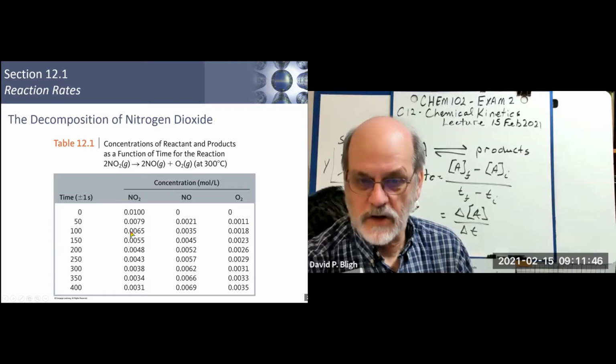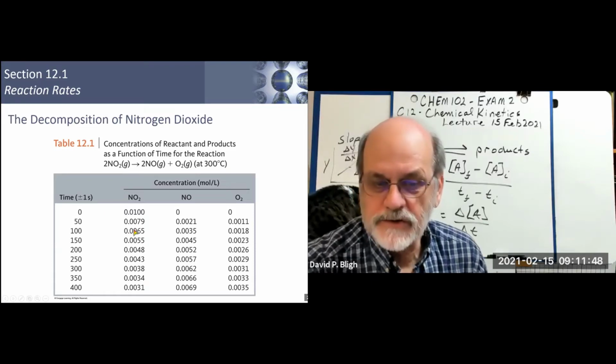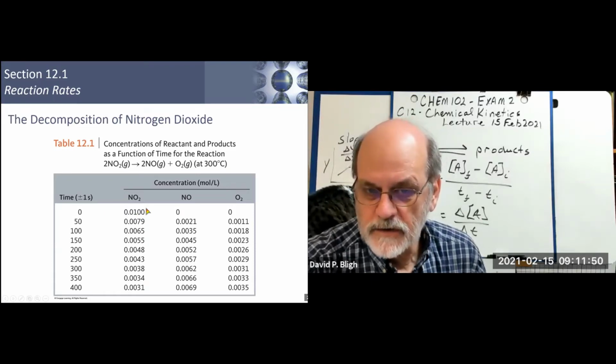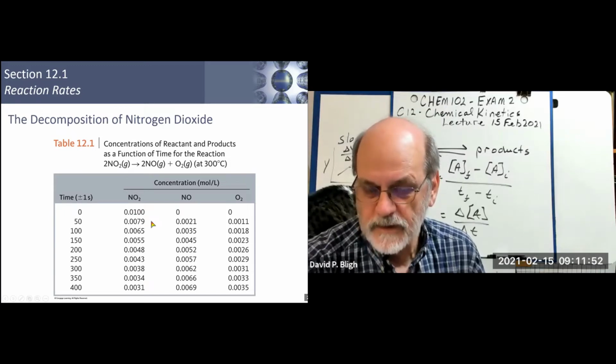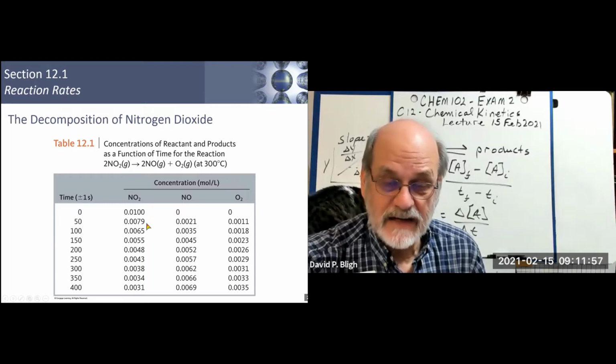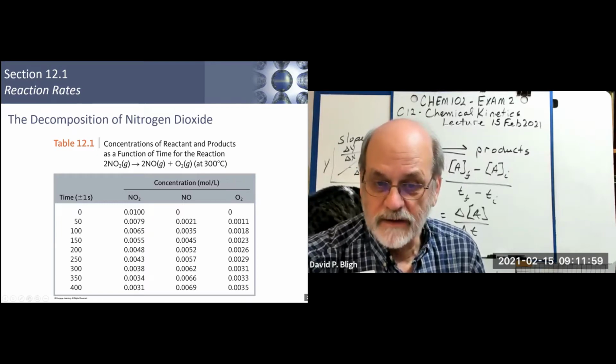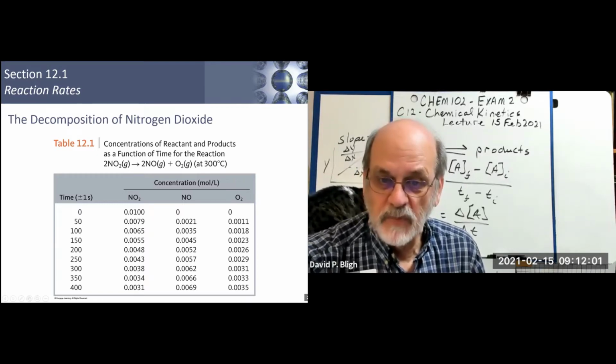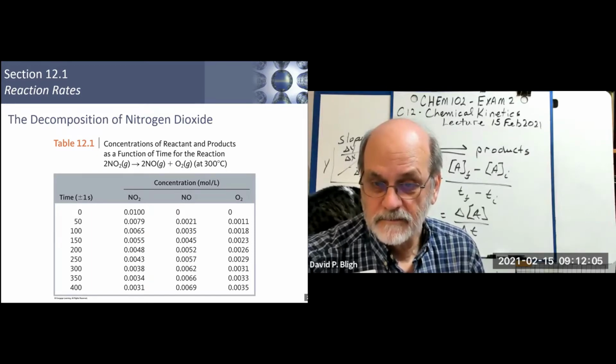But look at the ratios, right? How much does this one change from here to here? Well, if you subtract 0.0079 from 0.01, the difference is 0.0021. Right?